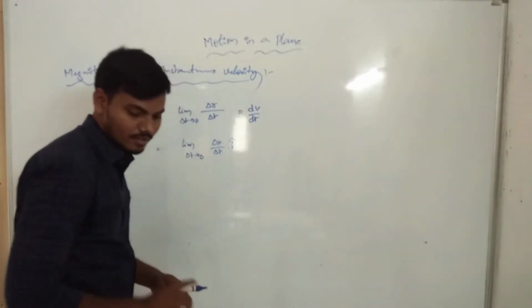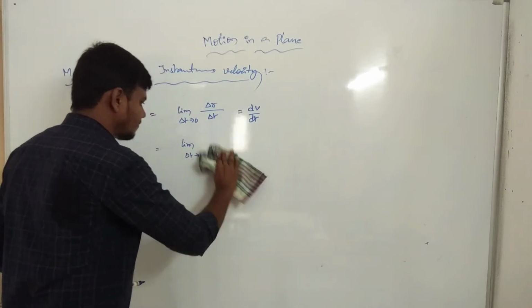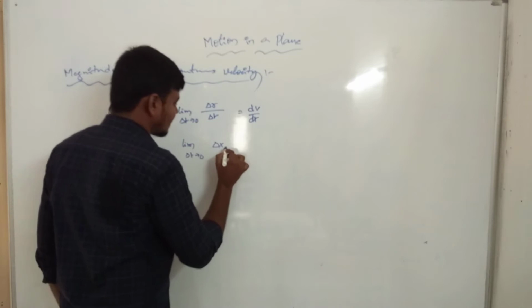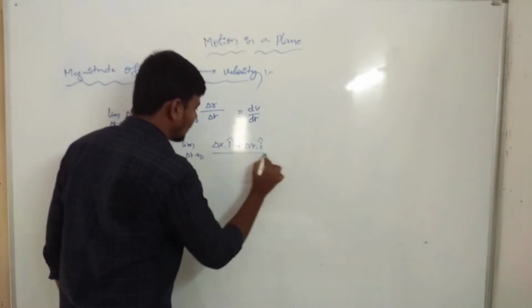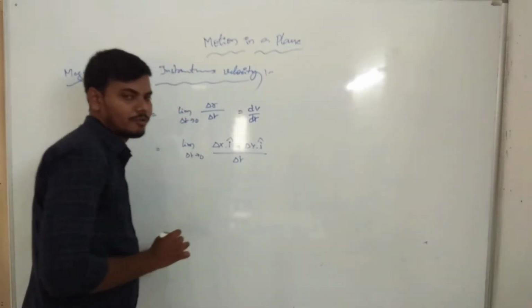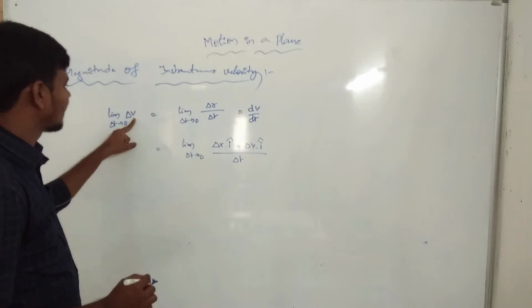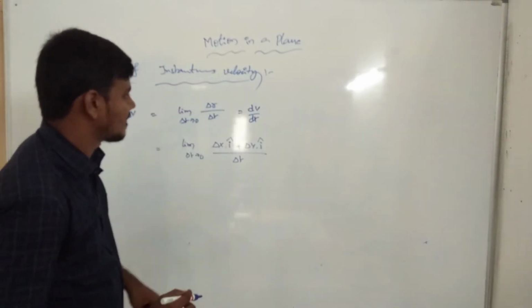So the total representation of this position is delta x into i cap plus delta y into j cap, by delta t. This is the phenomenon. Delta v means we are taking velocity. The rate of change of displacement is known as velocity.